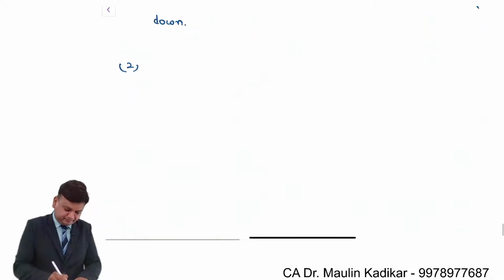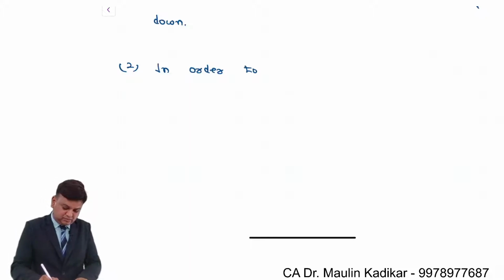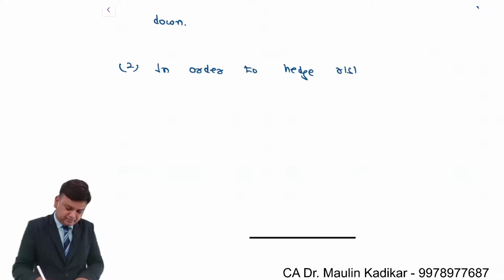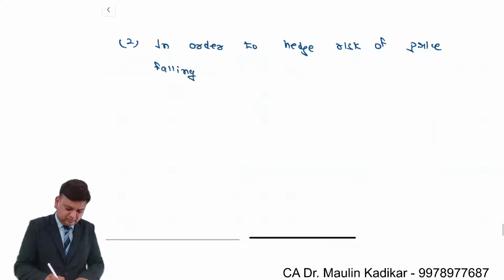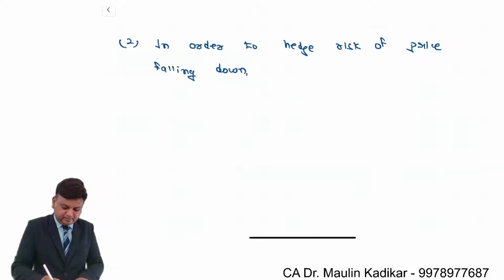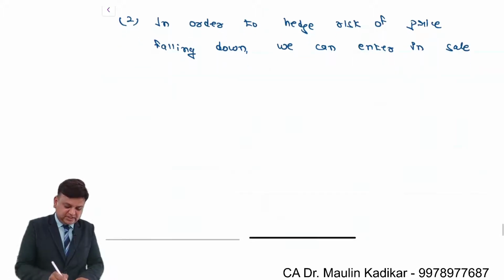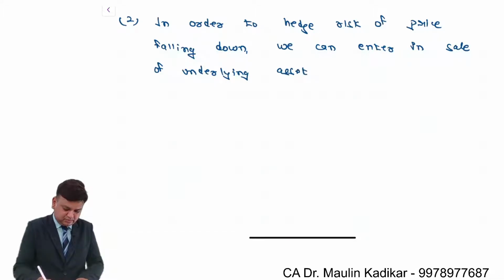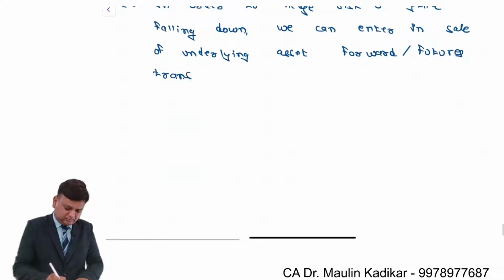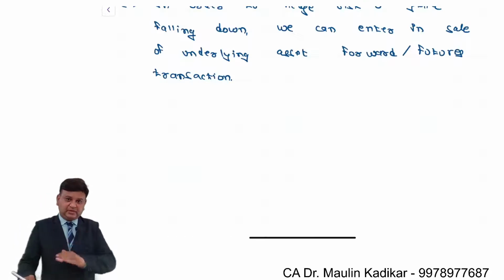Second point, in order to hedge risk of price falling down, we can enter in sale of underlying asset, forward/futures transaction. Full stop. With paragraph write down.